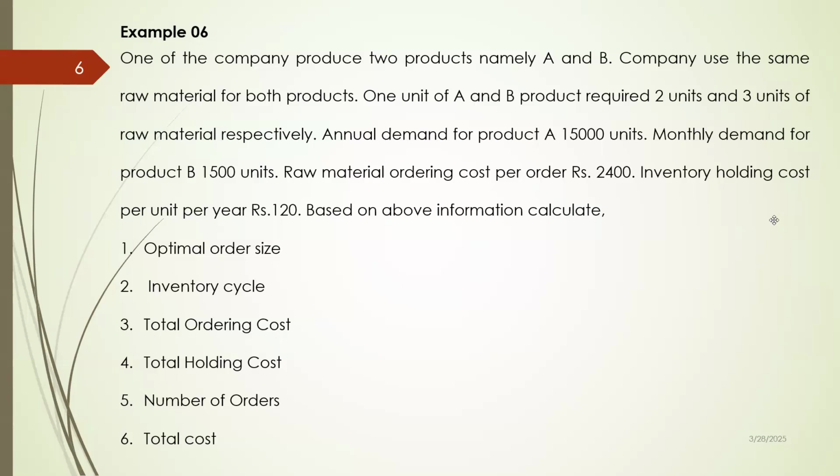Monthly demand for product B is 1,500 units. Raw material ordering cost is 2,400 rupees per order. Inventory holding cost is 120 rupees per unit per year. Based on the above information, calculate the optimal order size, inventory cycle, total ordering cost, total holding cost, number of orders, and total cost.